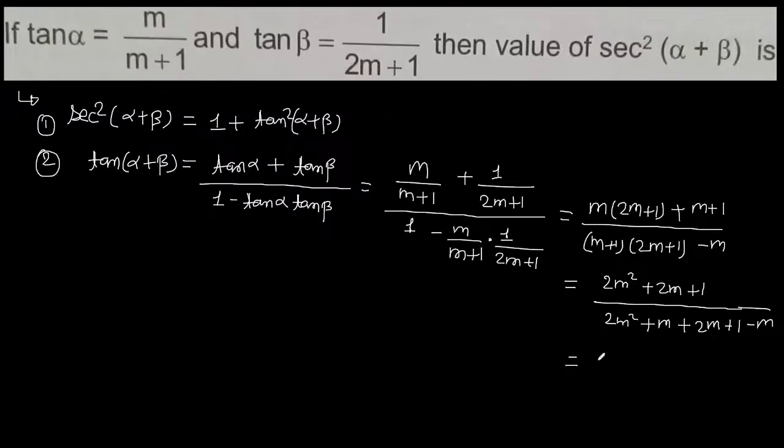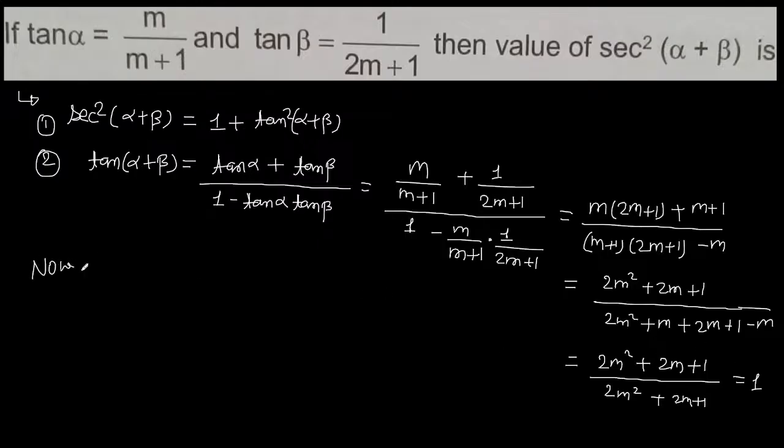This is 2m square plus 2m plus 1, which is equal to 1. Okay, so we got 1.